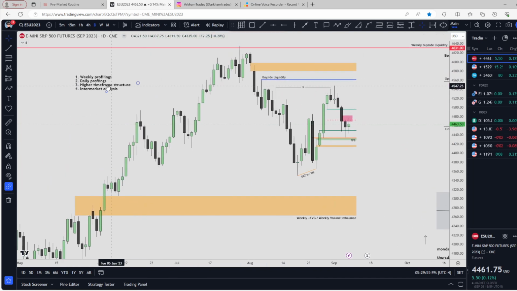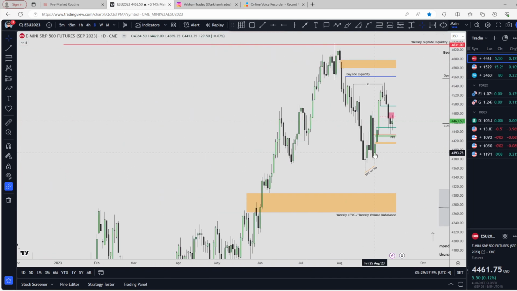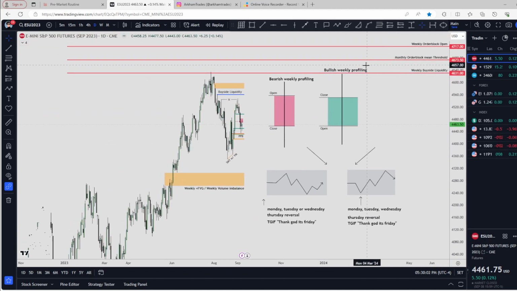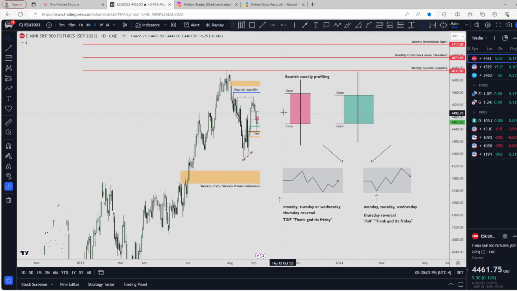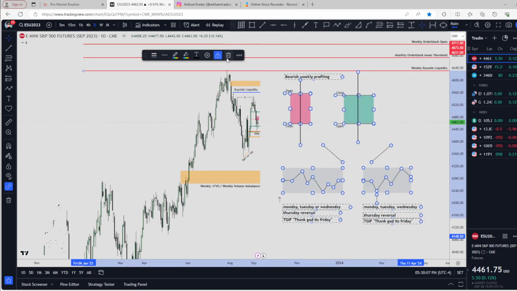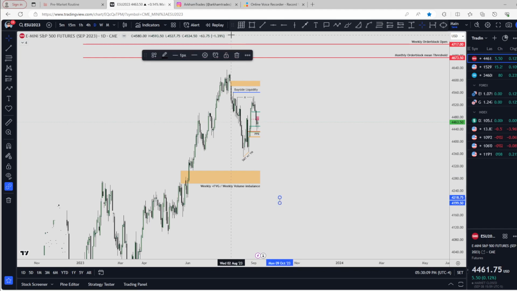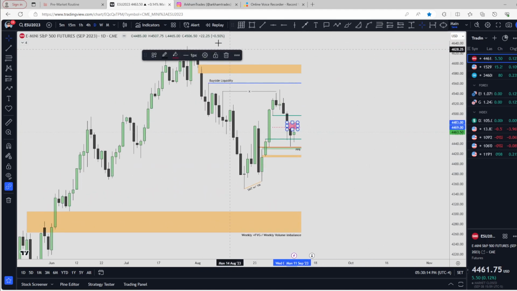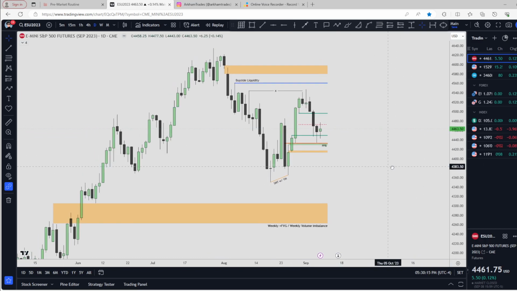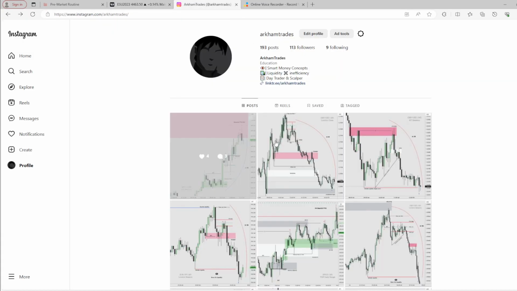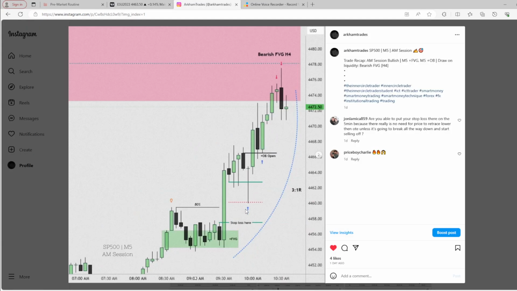And then just being patient. I could have gone long earlier, but I waited until the Dow Jones was aligned with the ES, anticipating higher prices. And once it was, I went long.